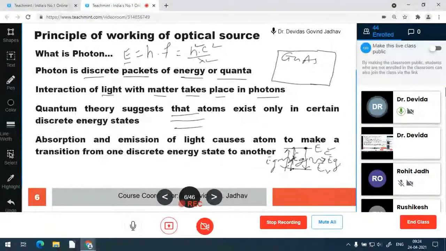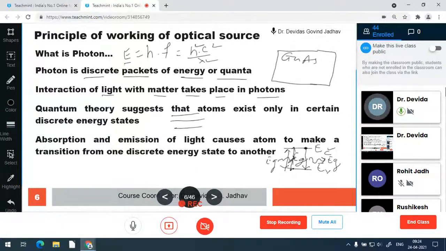This is the theory which says whenever electrons transit in the atom from one state to another, conduction to valence and valence to conduction, they absorb and emit light. Absorption and emission of light causes the atom to make a transition from one discrete state to another.